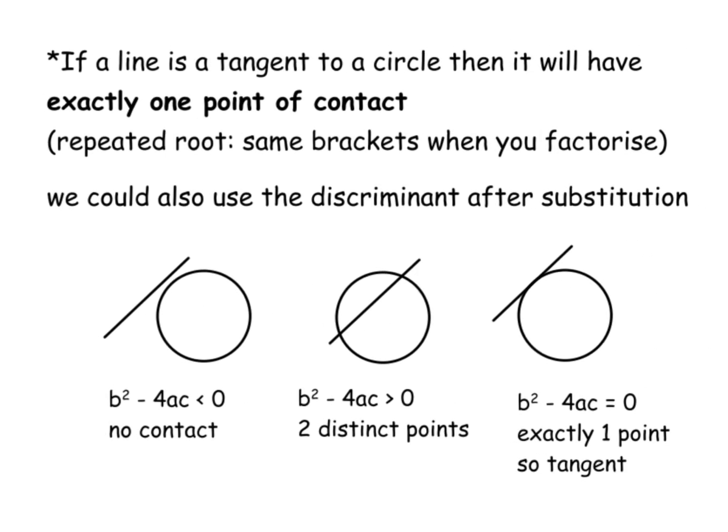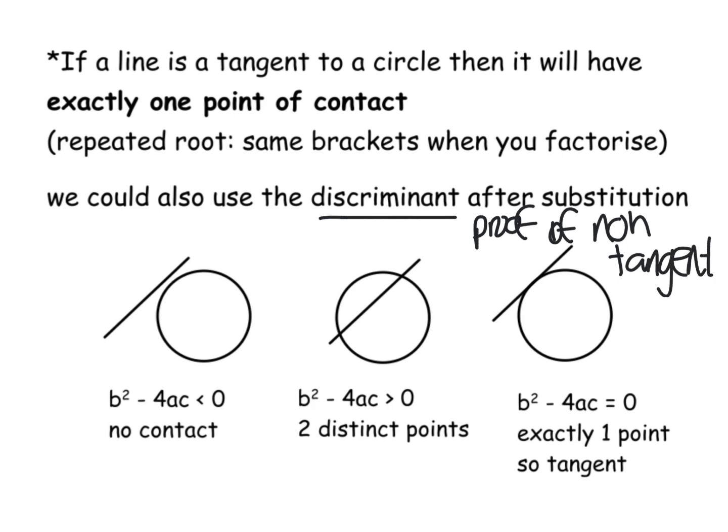Now, it's probably more common to use the discriminant when you're proving it's not a tangent. So we use that when it's proof of not being a tangent. Because if you do all the discriminant work to prove it's a tangent, you still have to go back and factorise to get the points of contact, because that's what they're normally looking for.